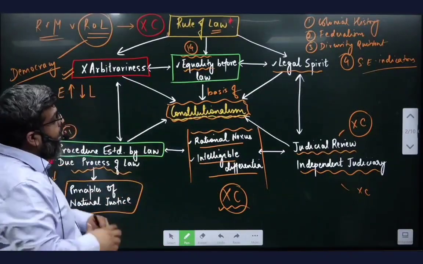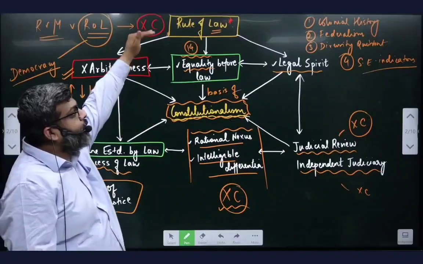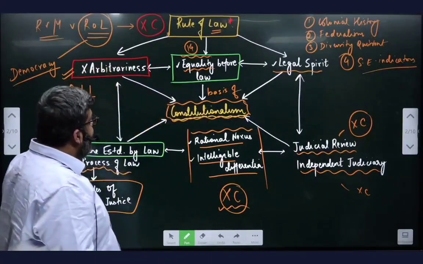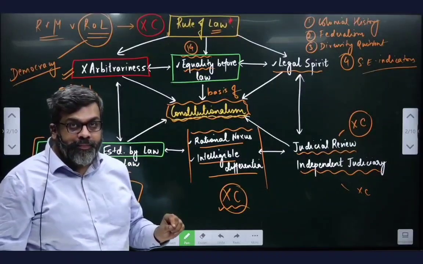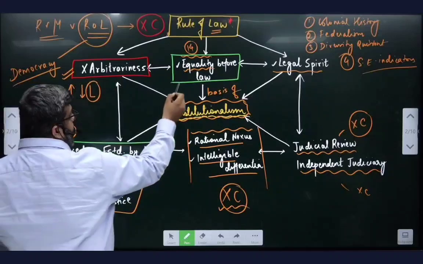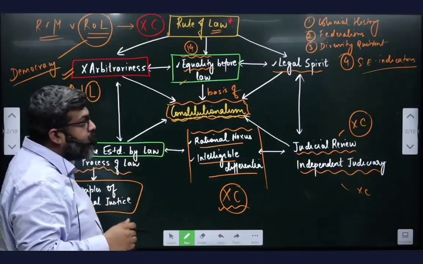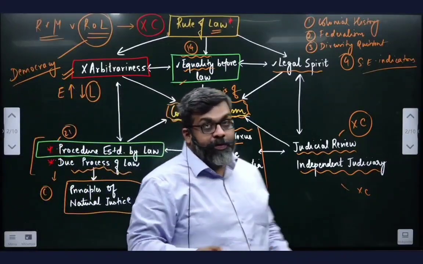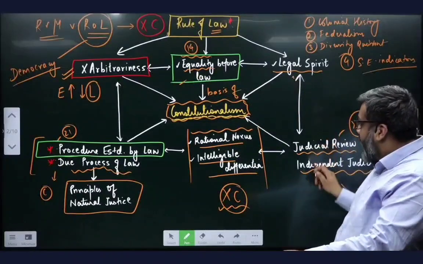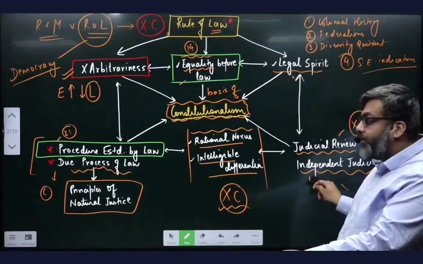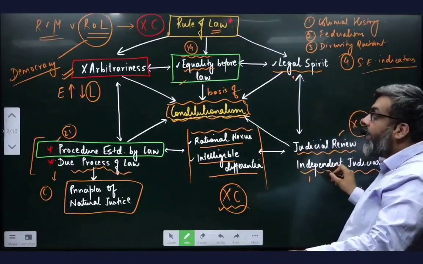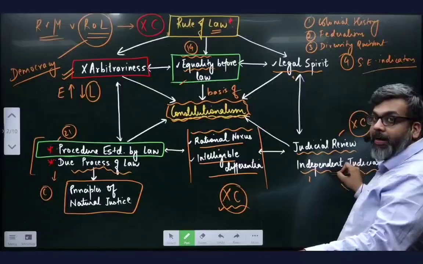And therefore, anything which leads to supremacy of law and leads to limiting the powers of the state is effectively interrelated. So, for instance, if the law is arbitrary, that means the law is not treating people equally. And if the law is not treating people equally, it is violating a legal right. And therefore, I have the powers to review that law, and I will be able to do it effectively only and only if I have an independent judiciary.